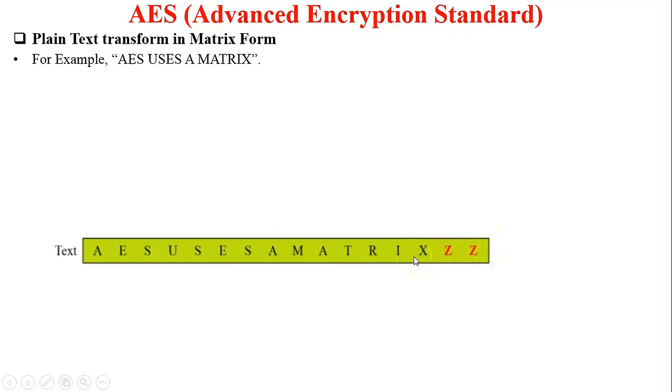Because I have to create a 4x4 matrix and I want to use 128-bit encryption. So here you can see this is 1, 2, 3, 4, 5, 6 up to X. It is 14 letters, so 14 letters we can say is 14 bytes. If I want to use 16 bytes, it means 128 bits. So I have used 2 Z's because it completes 16 characters over here.